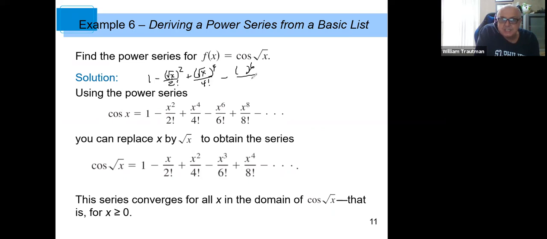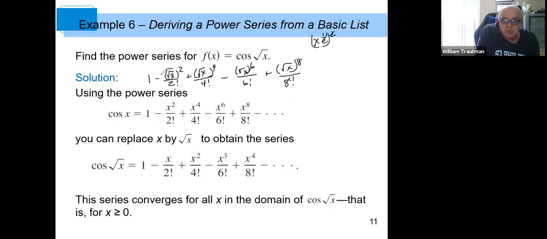X to the 6th, square root of x, square root of x to the 8th. And when you do that, the square root of x squared, x to the 1/2 squared, cancels out and turns into 1.